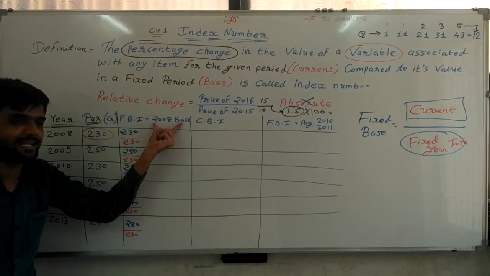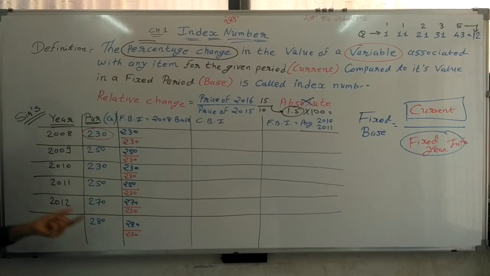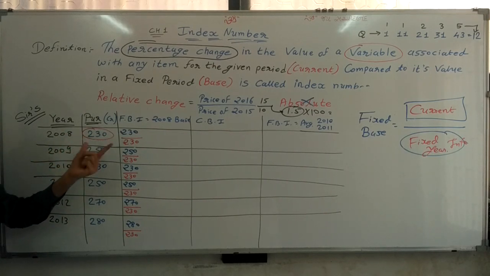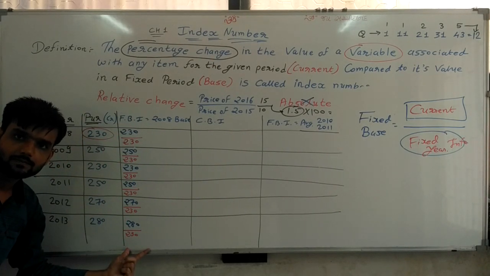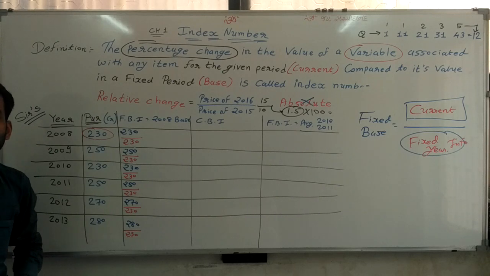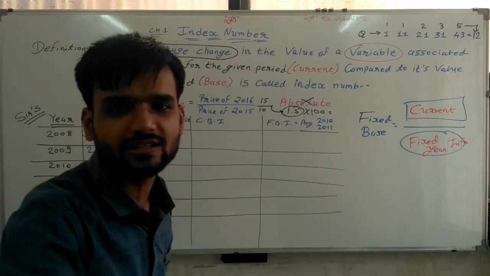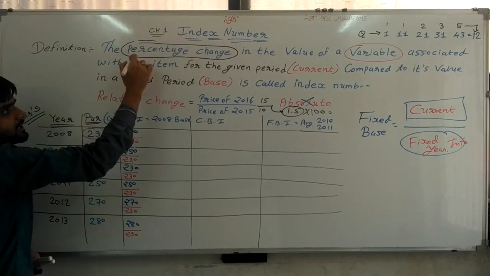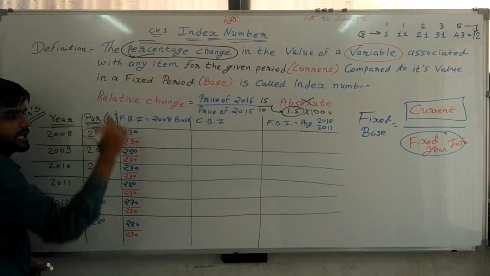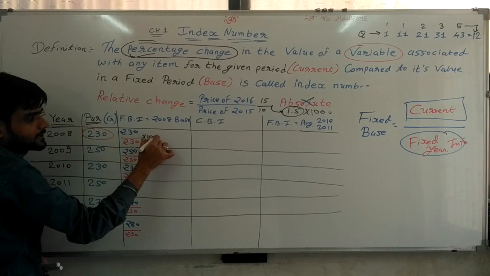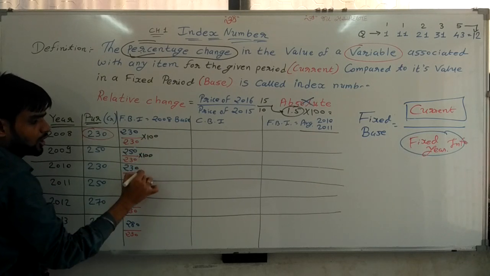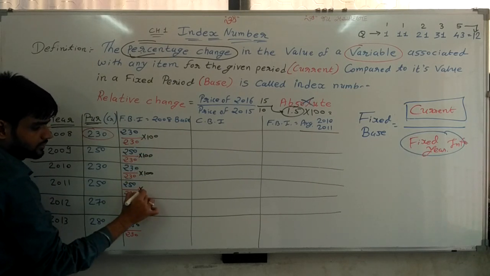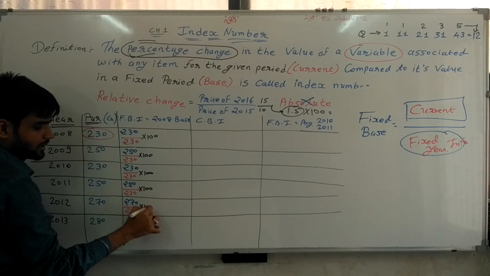Here base year is taken as 2008, so 2008 information is 230. That is my base. And always we need to find percentage because it's an index number. Index number is what? Percentage. And if we need to find percentage, multiply all the values with 100.